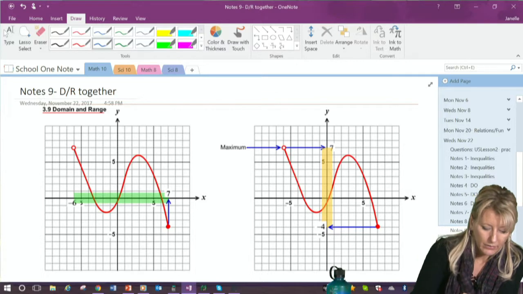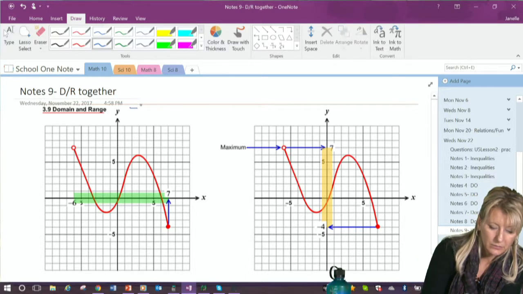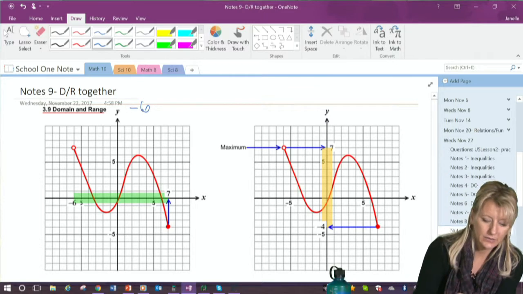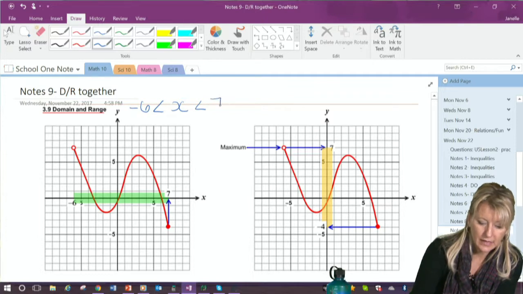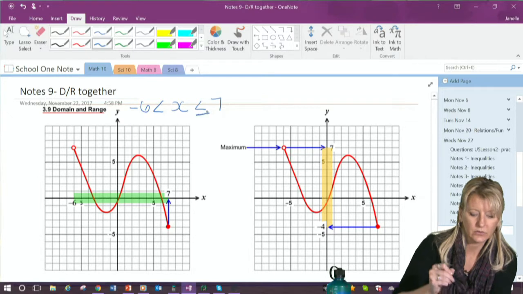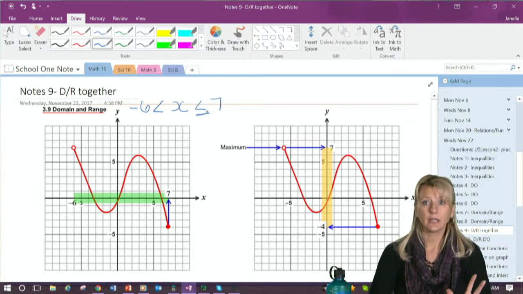So we have it going to -6. It's an open circle, so it is not including -6. And x is going in between these guys, and it says it's going to 7. Okay? Is it including 7? Yes, it is. So there is the inequality.